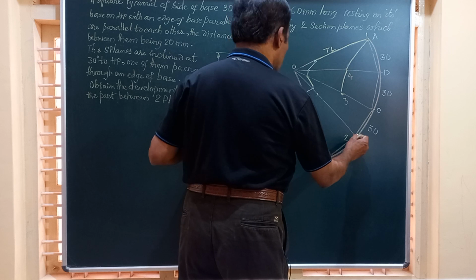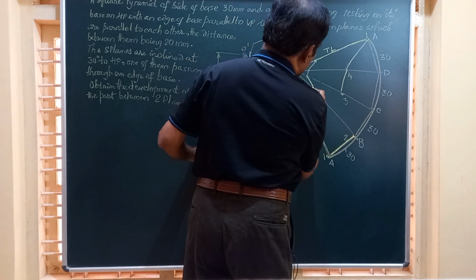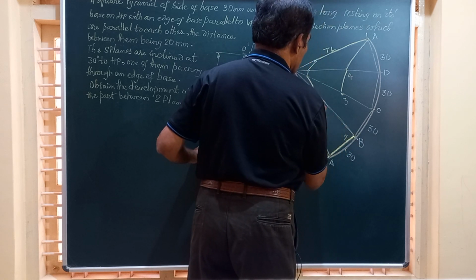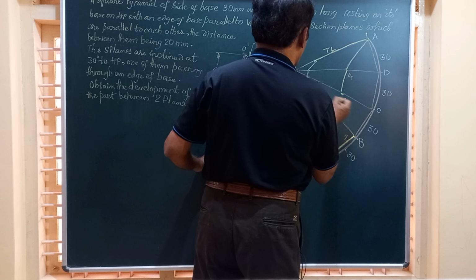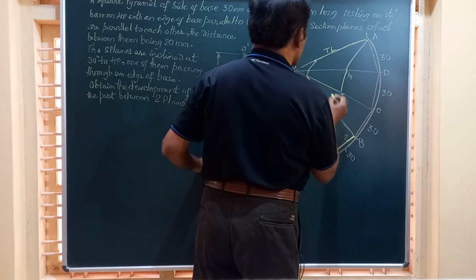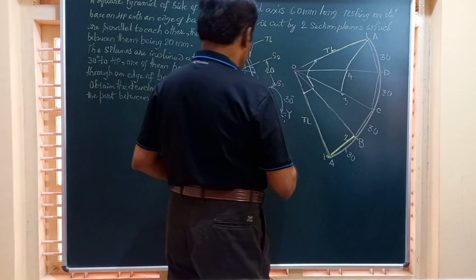This A and B are existing, so I have to join this by a straight line, and again this part is existing, this part is existing, and this is also existing. This C, D and all they are all removed.